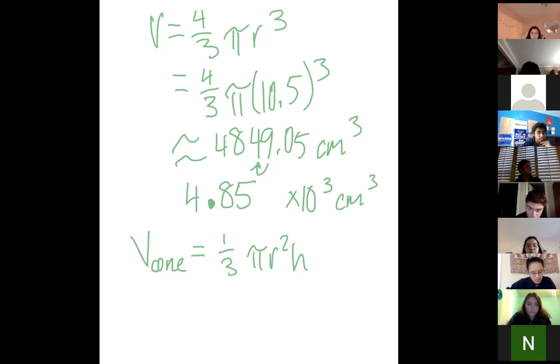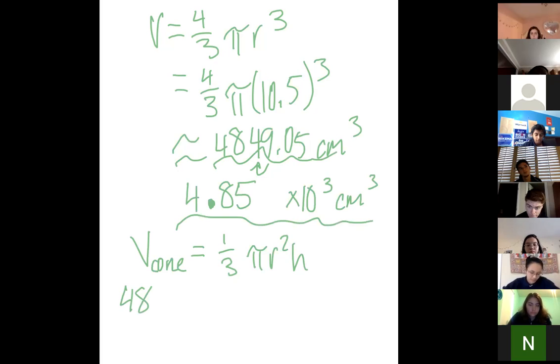We're assuming there was no loss of mass. So I have to set these equal to each other. So I have 4,800. I used this number. You could also use 4,850 if you wanted to, but I just used the exact value.